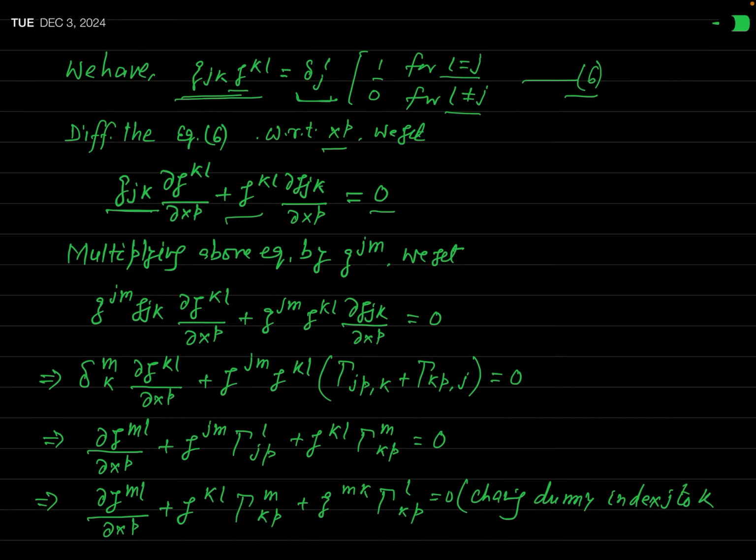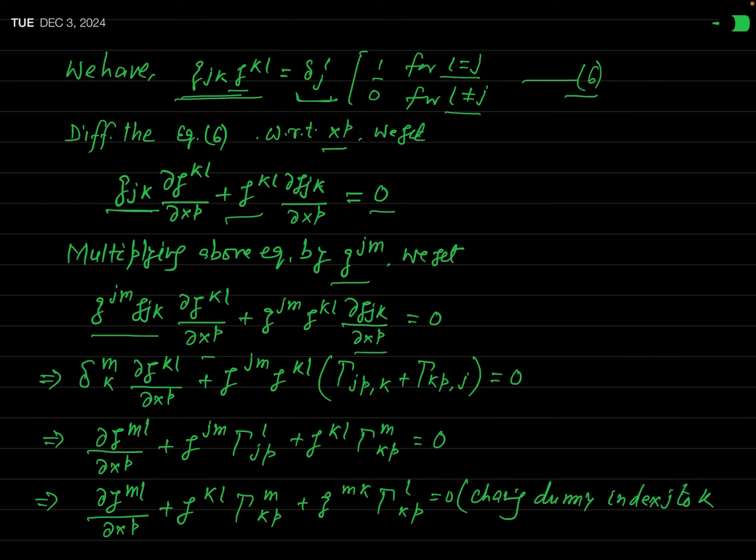Now for getting the proper result, let us multiply this equation by a contravariant fundamental tensor GJM, and after taking this multiplication, your result will be GJM times GJK times del GKL by del XP, plus GJM times GKL times del GJK by del XP, and that is equal to 0.